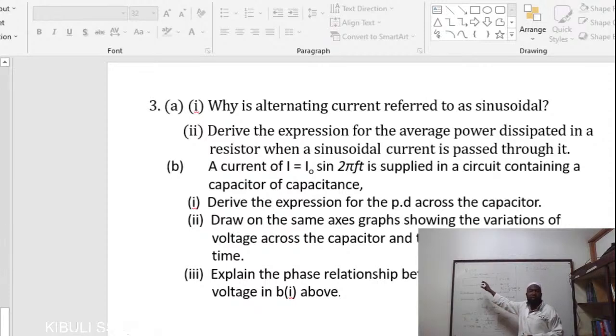This time round we have begun with current. So in other words, you want to take this one back to that one. The question is saying, derive the expression for the PD across the capacitor. Now here we are aware that we begin with instantaneous charge.